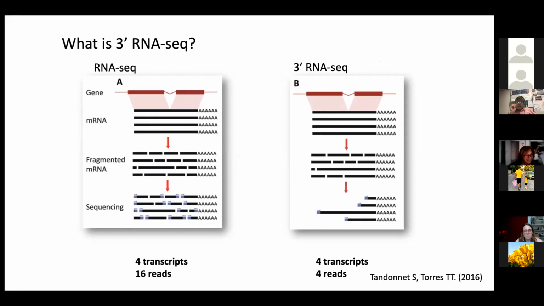The advantage I have here is twofold. One, I have much less reads to sequence, and this drops my cost of sequencing. And the second, which is more the theory, is that each read represents 1 transcript. So I don't have to do all the normalization and the correction of all the biases I have from a whole RNA sequencing.